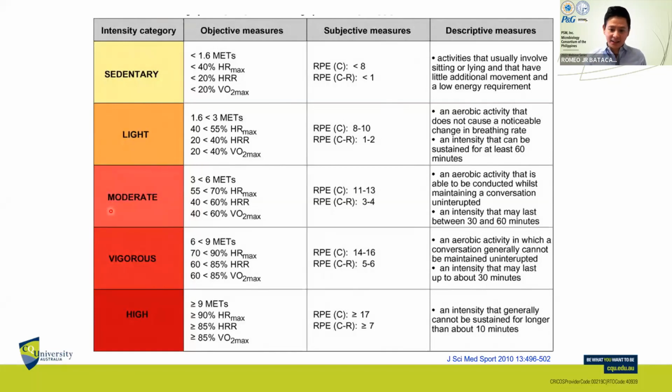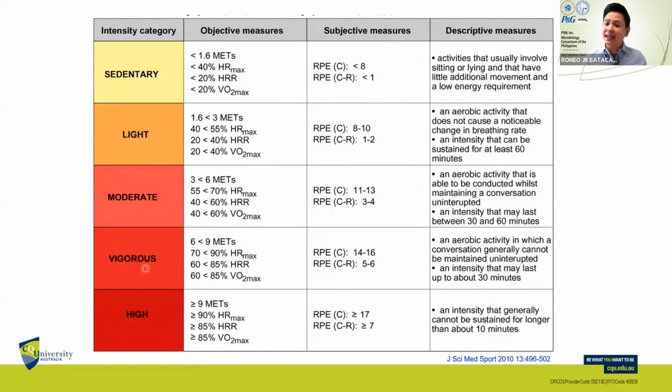Moderate intensity activities, 40 to less than 60% VO2 max. Examples would be walking for a duration of 10 minutes or greater, gentle swimming, social tennis, golf, carrying light loads, bicycling. So these are examples of moderate intensity activities.